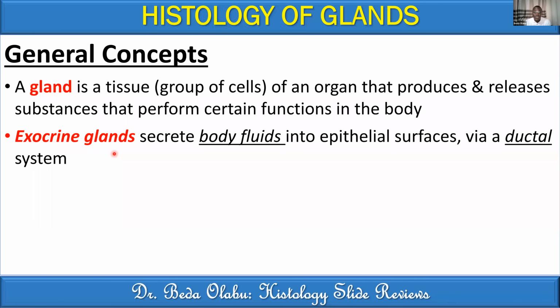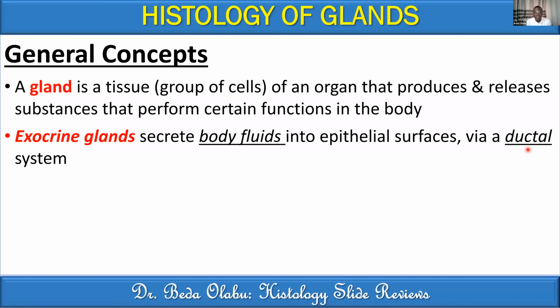Now the fluids travel through a ductal system to reach those epithelial surfaces, which means that the exocrine glands will release the body fluid into a ductal system, and then the ductal system transports that fluid up to an epithelial surface.